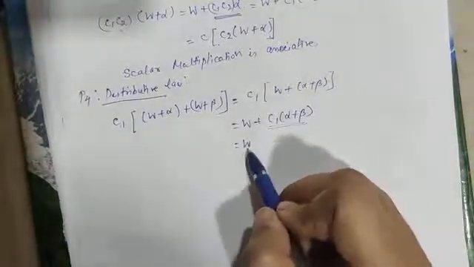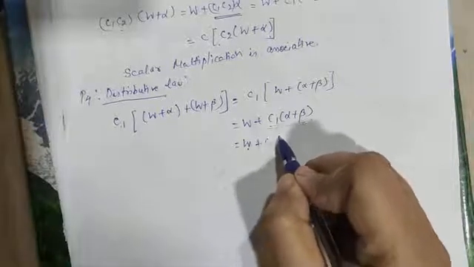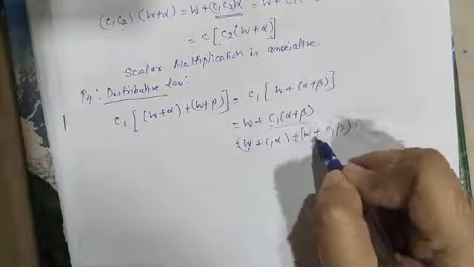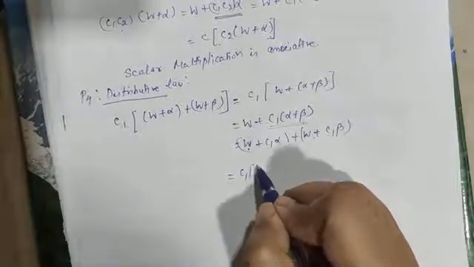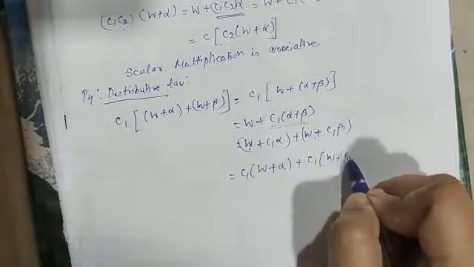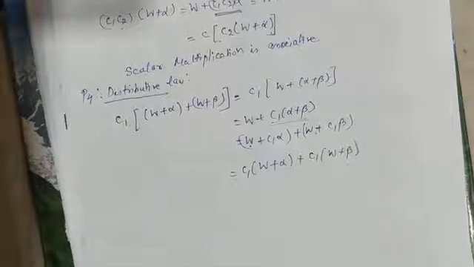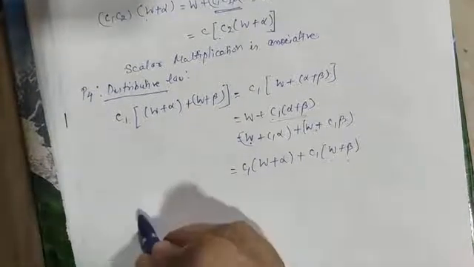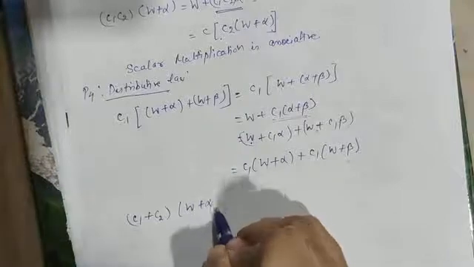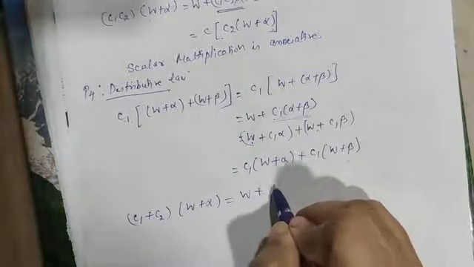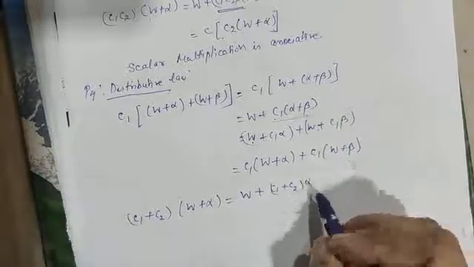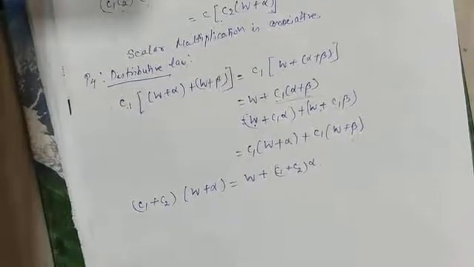So this becomes W plus C1 alpha plus W plus C1 beta. So finally this will be C1 W plus alpha plus C1 W plus beta. And in same way we can also prove C1 plus C2 W plus alpha equal to W plus C1 plus C2 alpha. So distributive law also holds here.